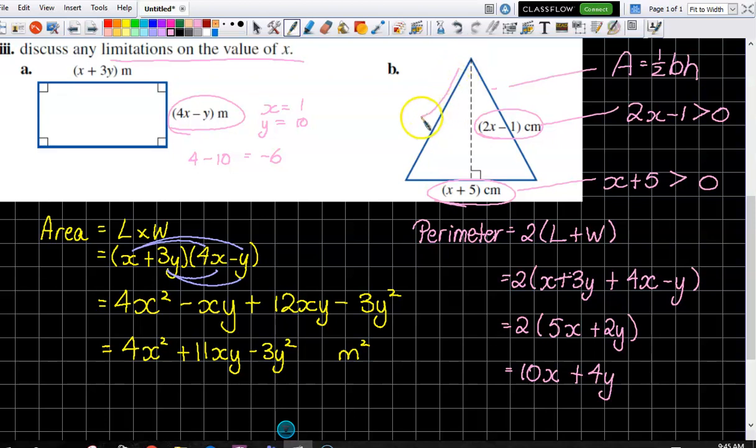What would you need to do to find the length of that? Pythagoras would need to be used, and I'm not going to make you do that because that would be crazy. So with B, can you just find an expression for the area, and I'll put it up. Yeah, please, if you're choking, go get water. Okay?